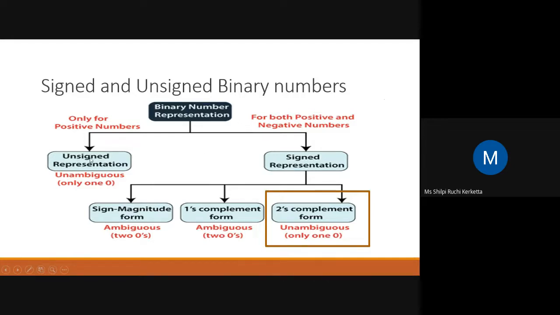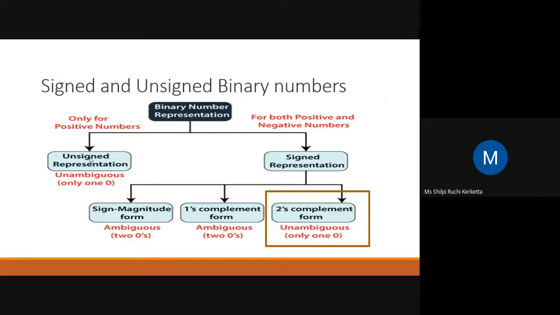Like if I write a roll number, you don't have to put any positive sign, because we know a roll number will only start from 1 and continue, and it is a positive number. So for a roll number we are not putting any sign, plus or minus. But if we have to represent a voltage, voltage can be positive and voltage can be negative. So we have to represent it as both positive and negative.